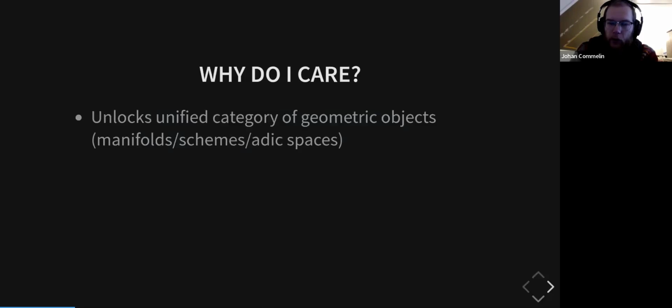And okay, so why do I care about getting this fix in place? So these are some personal motivations. One really cool result rolling out of this whole framework of condensed mathematics is that it unlocks a unified category of geometric objects.